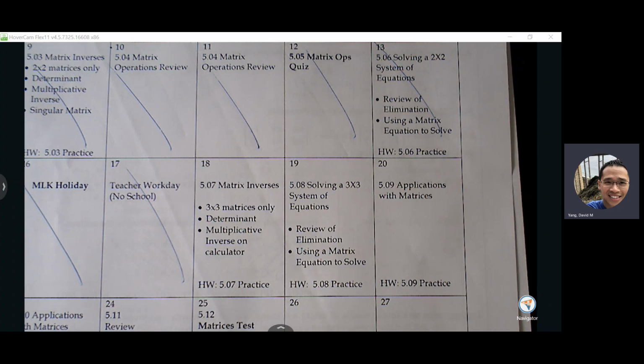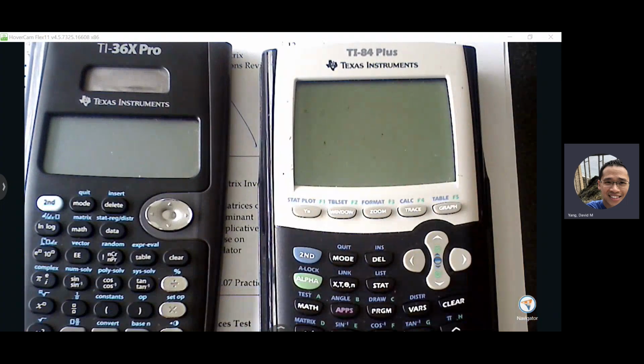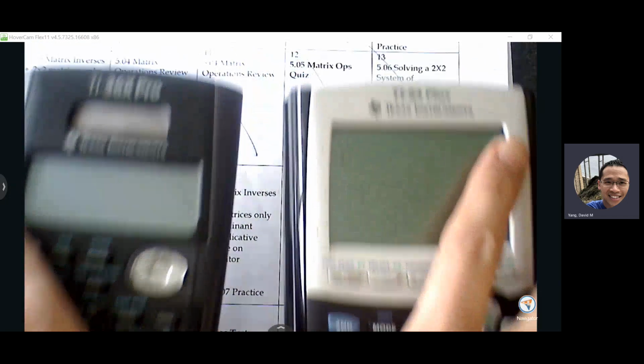So the second half of class, I'm going to show you the calculator steps. If you have a TI-36 Pro or a graphing calculator, I'll go over the steps, and you also get to use the calculator on the test as well. So you want to make sure you are comfortable finding information on your calculator. But first half of class, we're going to be working on this without a calculator.